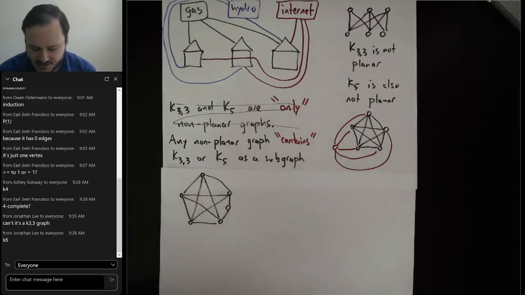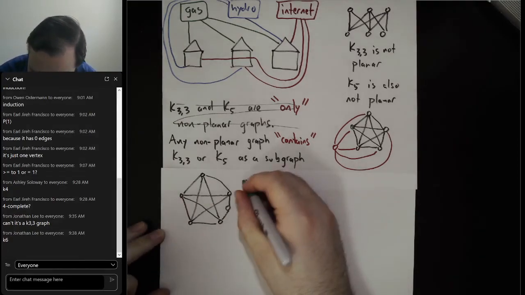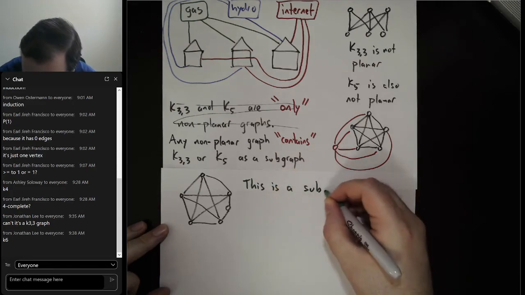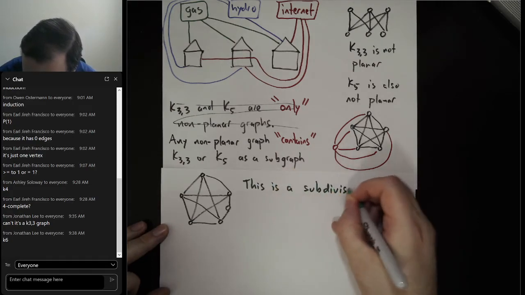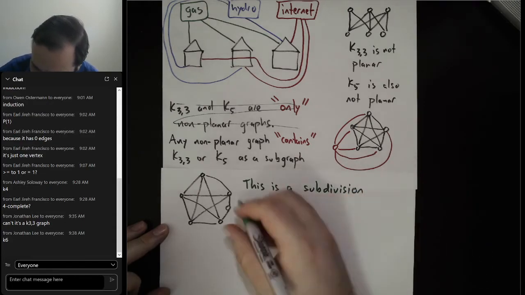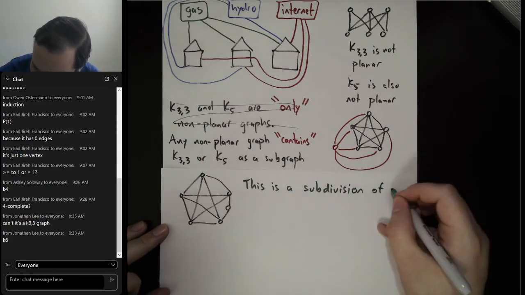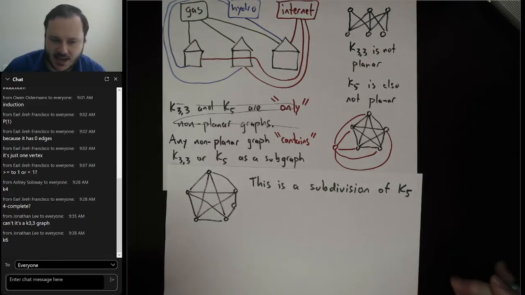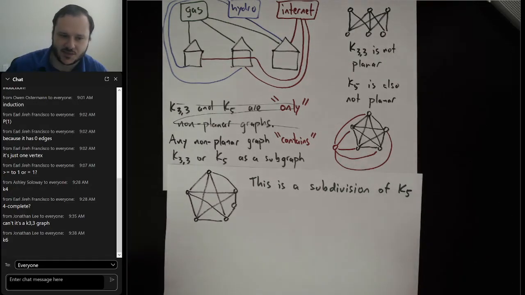So this is called a subdivision of K5. A subdivision of a graph is when you take an edge and you stick a vertex in the middle.